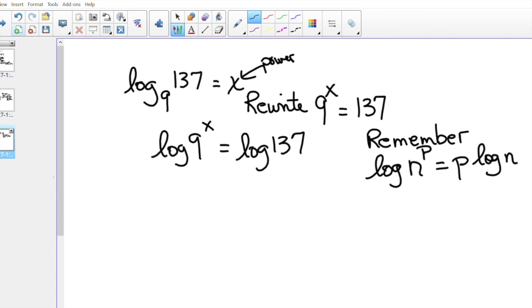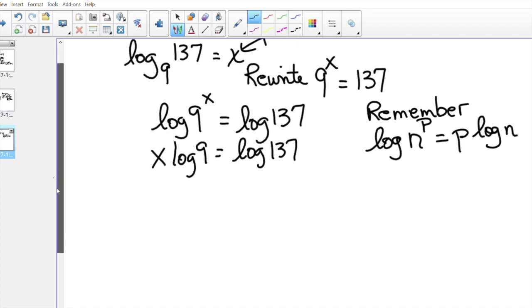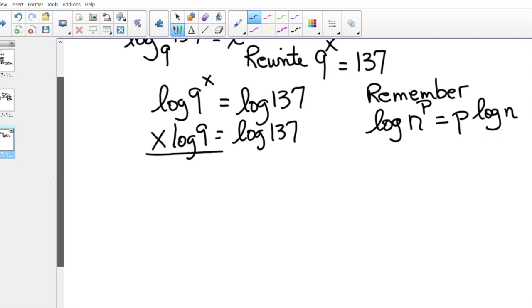So you would write the power, now x, not a number but a letter, times the log of 9 equals log 137. On your calculator, now divide both sides by the log of 9.